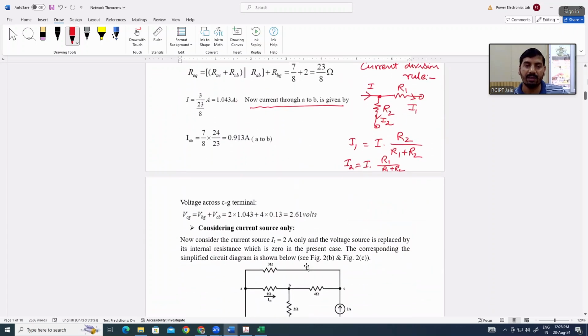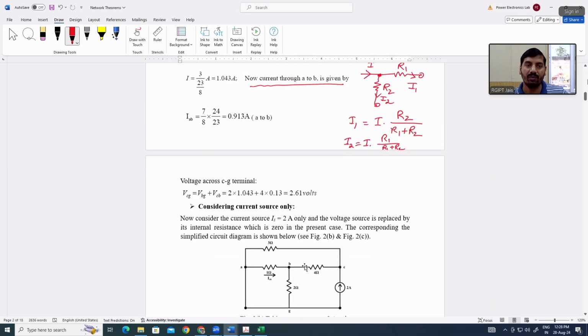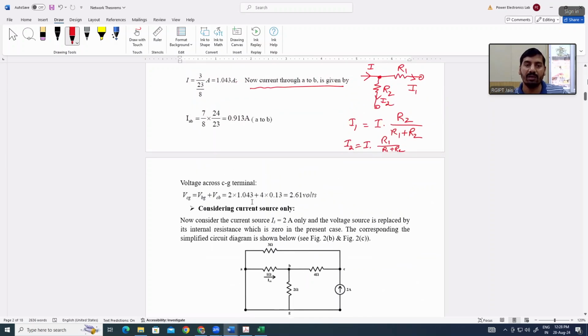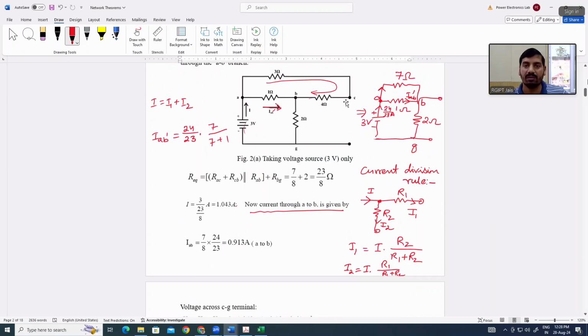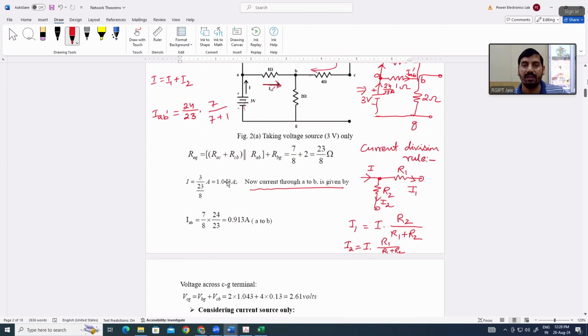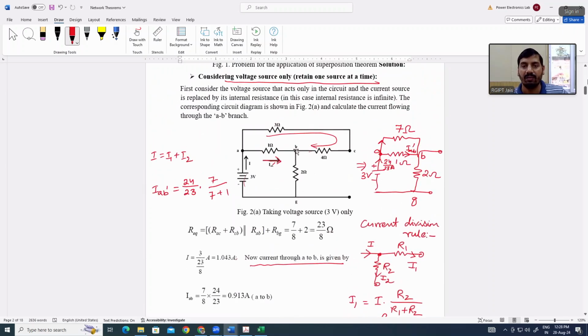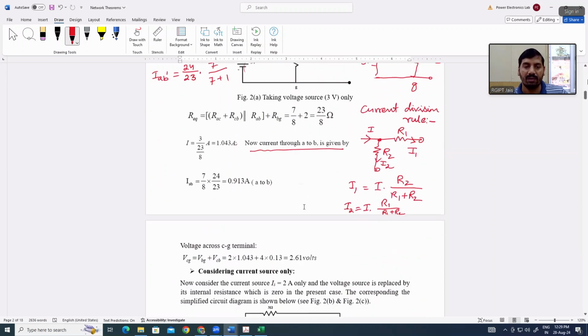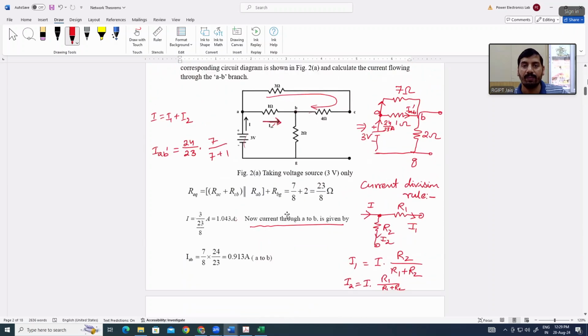In the second step, we also have to calculate the voltage across the CG terminal. So VCG will be equal to VBG plus VCB.